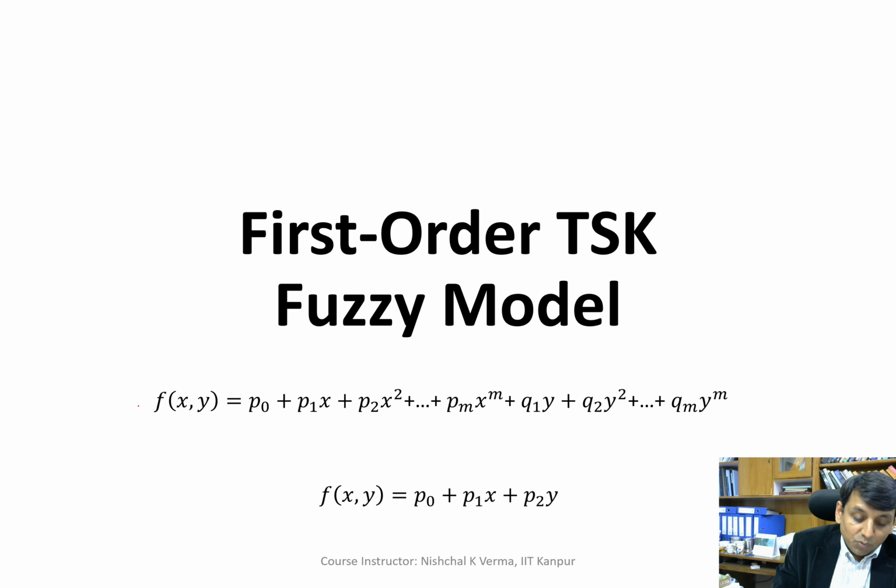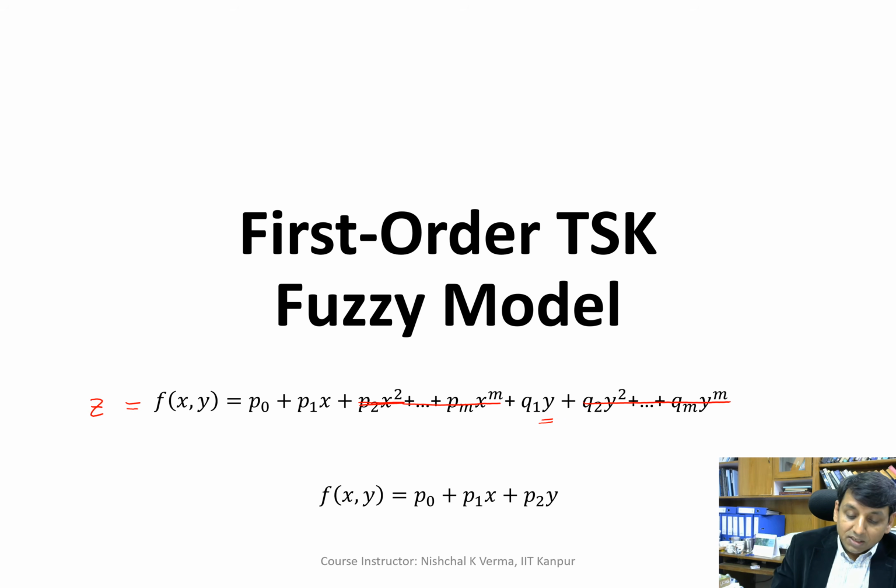So the output of each rule will be of this form only: P0, the constant, and then P1x. P2x cannot be there, and no higher terms of the input generic variables can be there. Similarly, for y also, since this is a first order TSK fuzzy model, only y raised to power 1 will be there. More than 1 cannot be there.